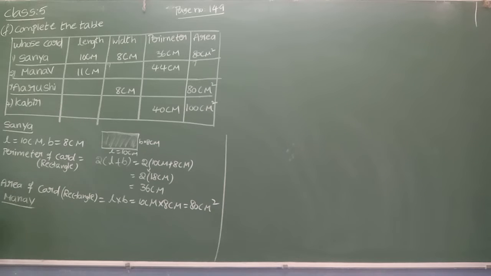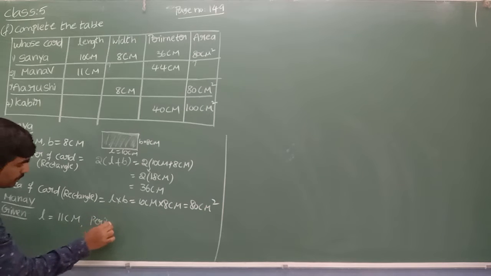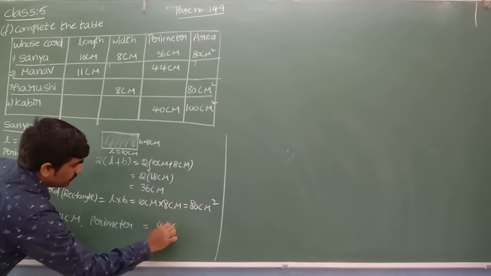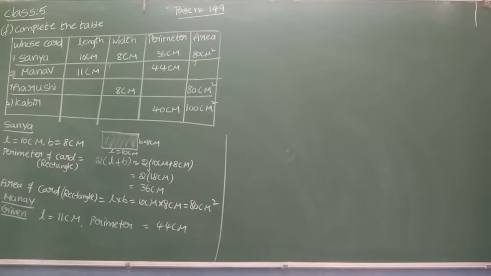So what is the given data here? Sir, the given length. How much length did they give, beta? 11 centimeters. And they also gave the perimeter.